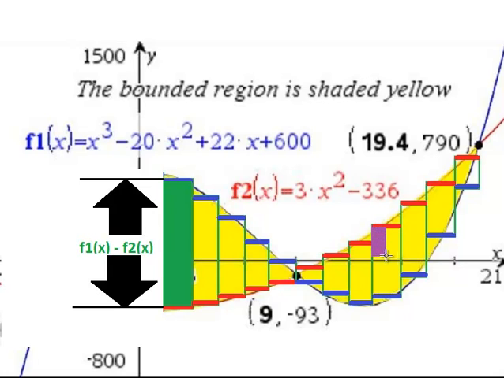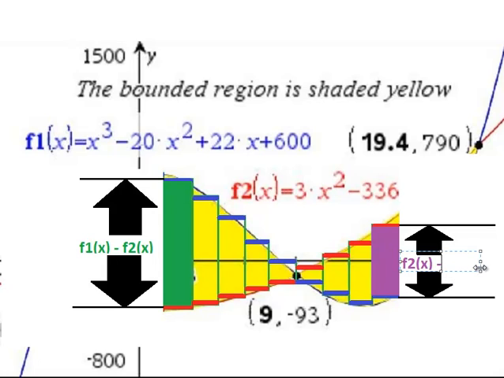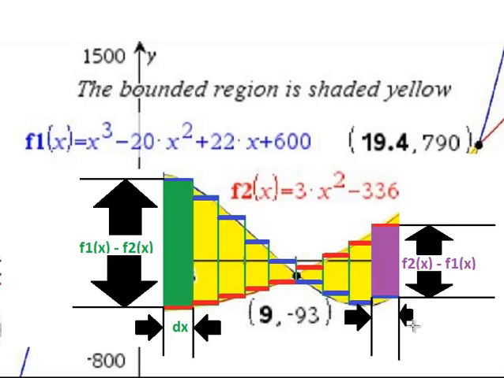Then, moving to the right subregion, those vertical rectangles have a length of the red y coordinate minus the blue y coordinate, or algebraically, f2 of x minus f1 of x. All the rectangles have a width of dx.